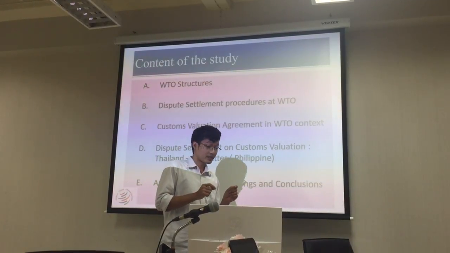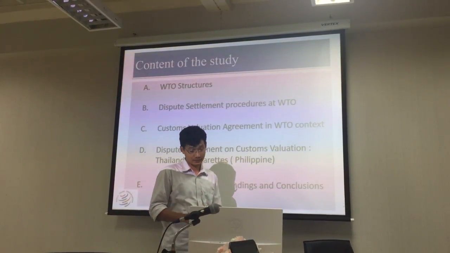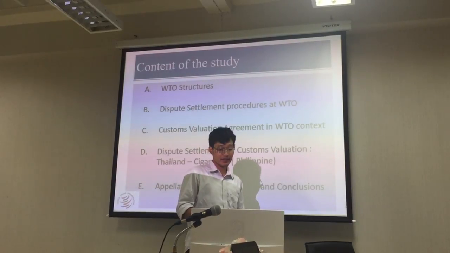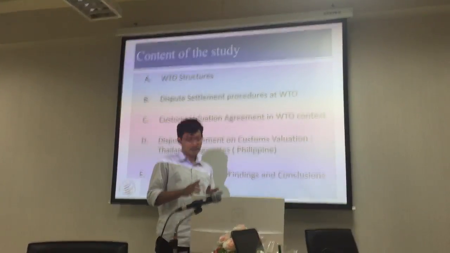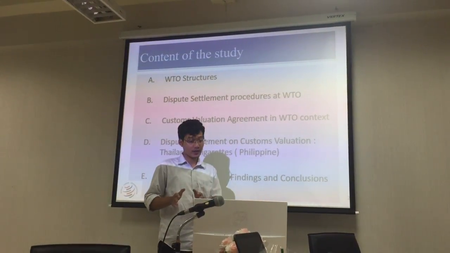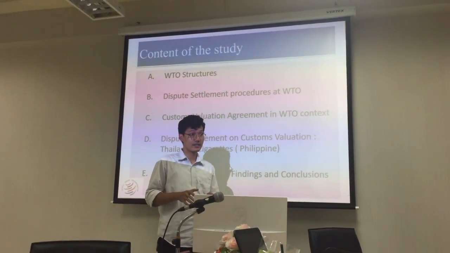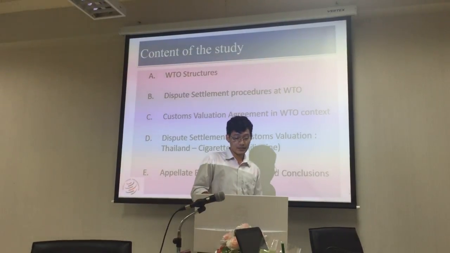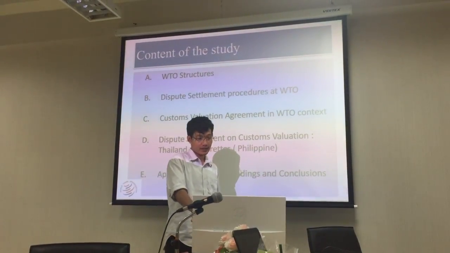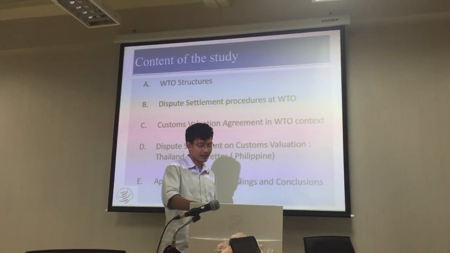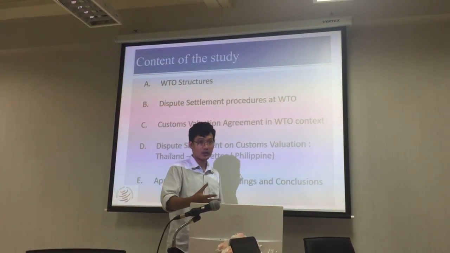What is the customs valuation agreement? Letter D is the dispute settlement on customs valuation, which we abbreviate as CV. And letter E, the appellate body that gives the judgment to the dispute.